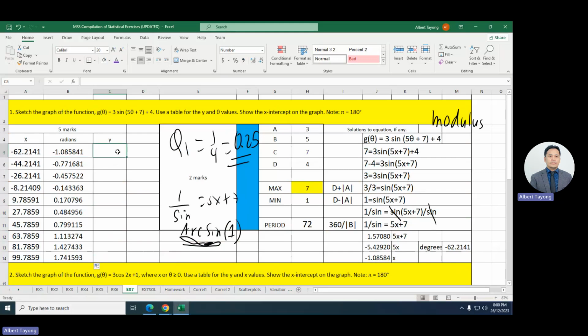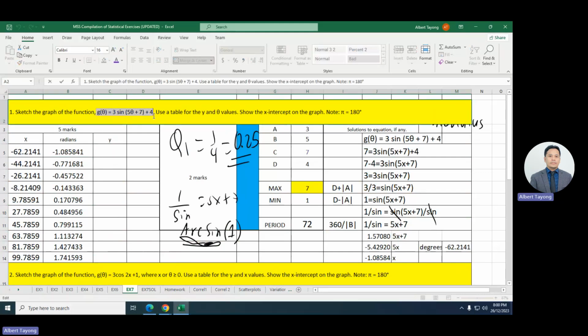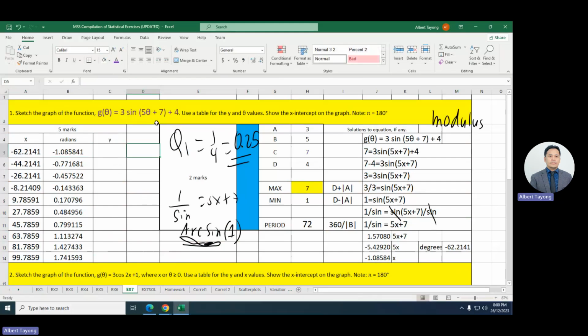Okay, how to get the y? Use the given function. So equals 3. Follow what I'm doing. Multiply sine, open, 5, multiply. What is our theta? The radian.